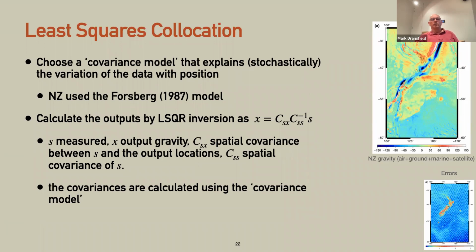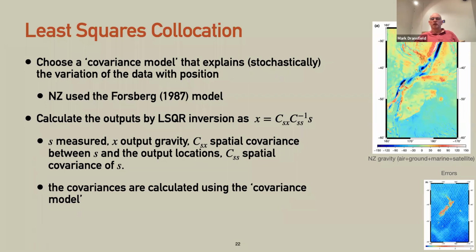And you calculate the outputs by least squares inversion using that equation there, which involves using your measured data S, the spatial covariance between S and the output locations in CSX, and the spatial covariance of S in CSS.